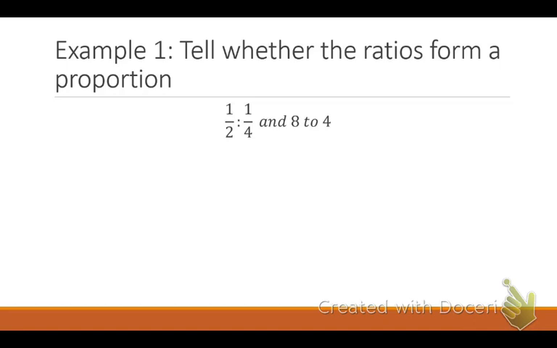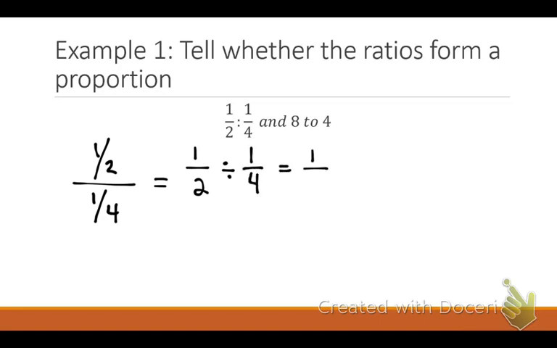Okay? When I have 1/2 to 1/4 and 8 to 4. So now, again, anytime these fractions or decimals are in the mix, it becomes a little bit more like, how do I solve this? Well, I still use the same process where I would say 1/2 divided by 1/4. I'm just dividing a fraction by a fraction, which is equal to 1/2 times 4/1, which is 2.